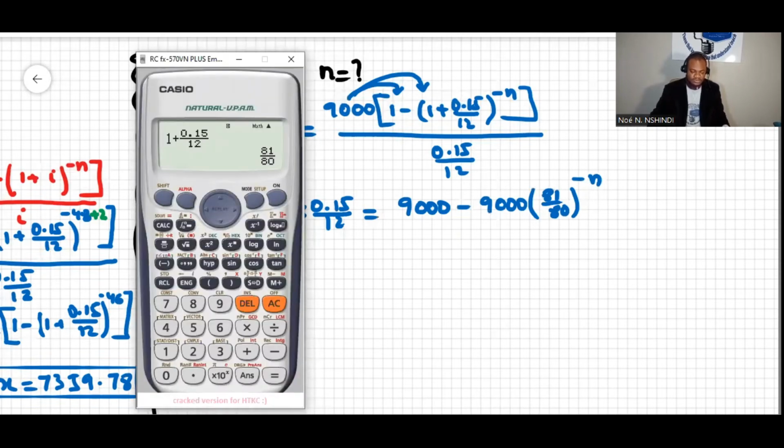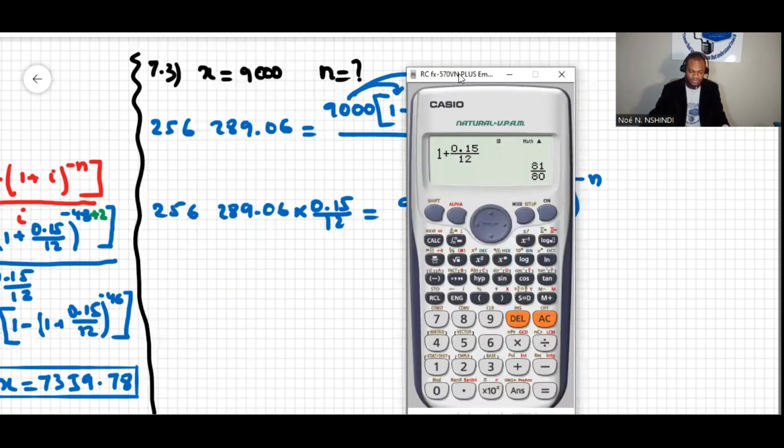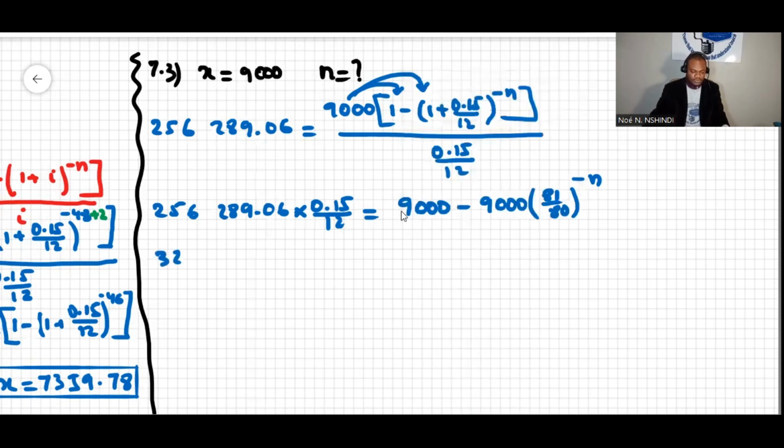Now in the calculator, we can do 256,289.06 times 0.15 over 12, and this we did earlier, 3203.61.